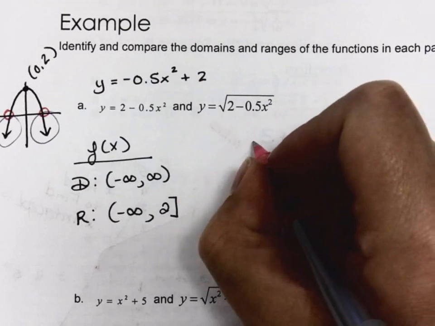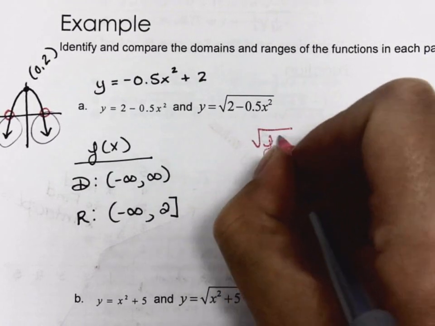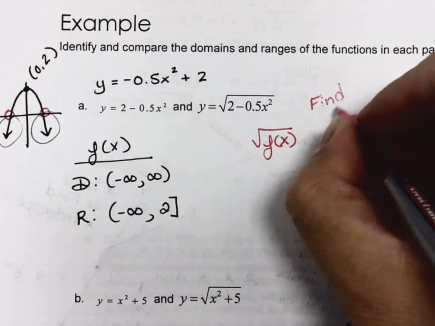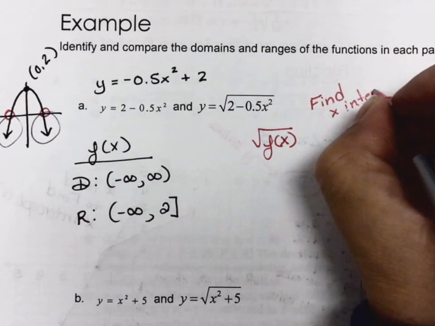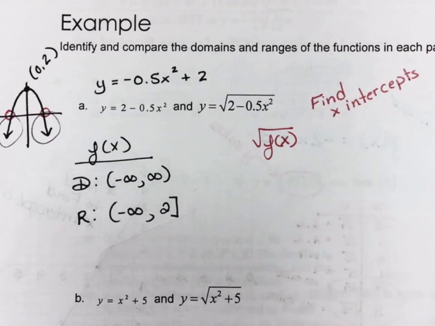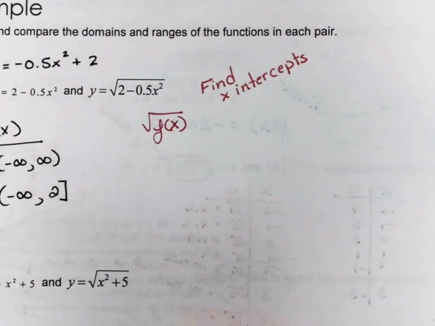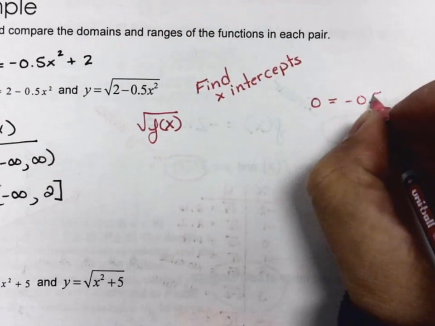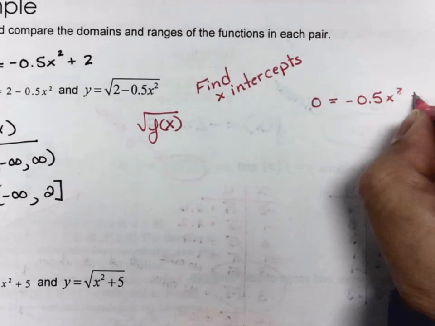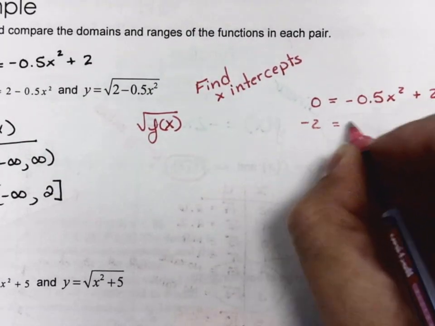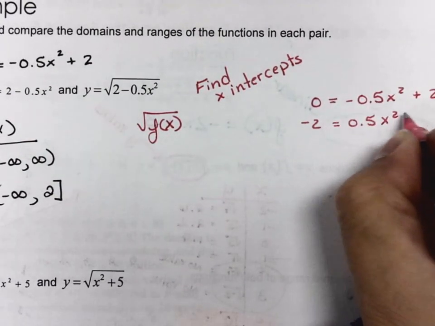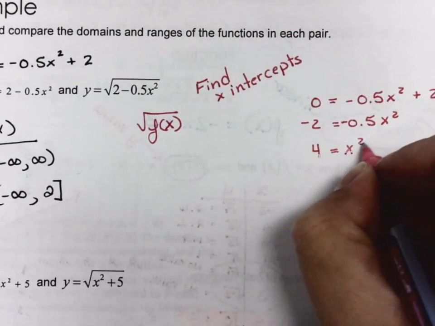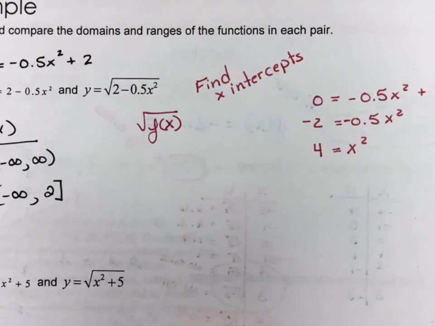So in order to do the domain and range of the rooted function, we need to find our x-intercepts. So I'm just going to do some math on the side. I'm going back to that parabola. So I've got negative 0.5x squared plus 2. I just graphed it. It looks really weird.